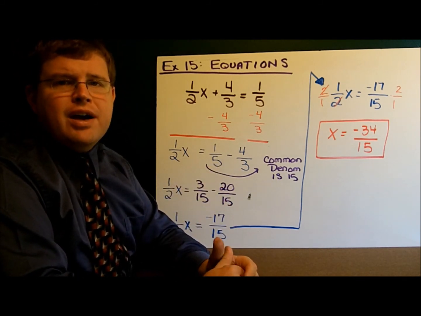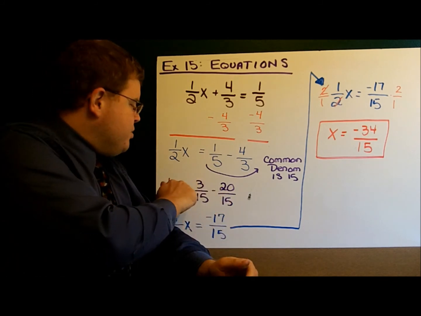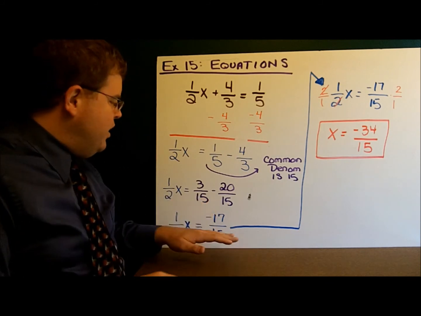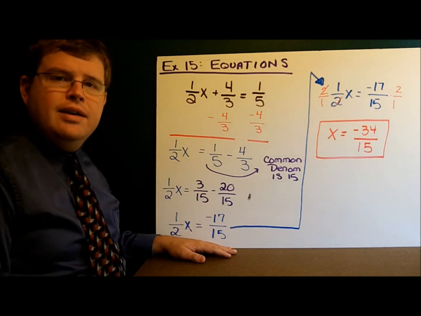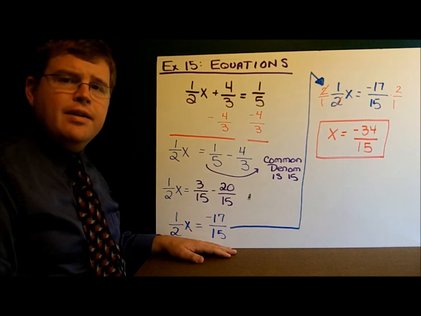So I simply found the common denominator so I could do the subtraction. Now, 3 over 15 minus 20 over 15 is negative 17 over 15. So I have 1/2 x equals negative 17 over 15.